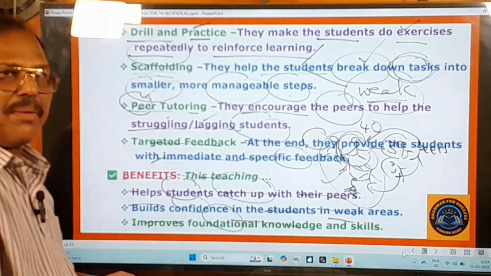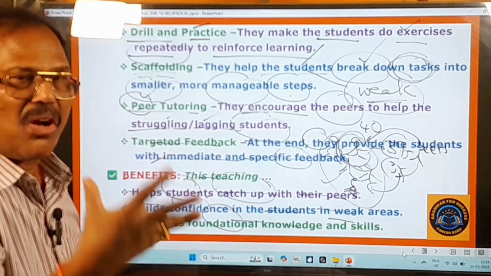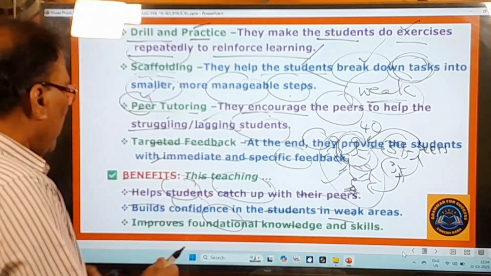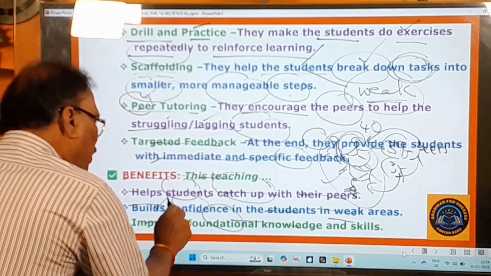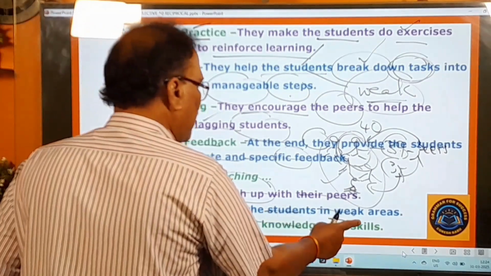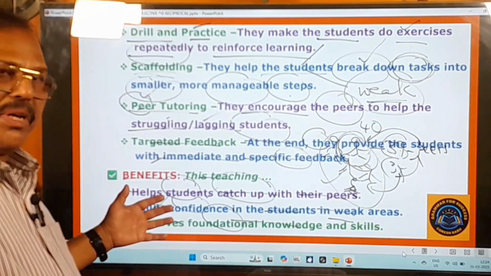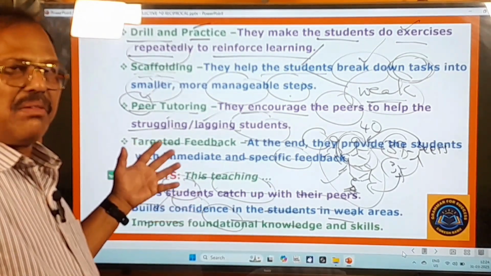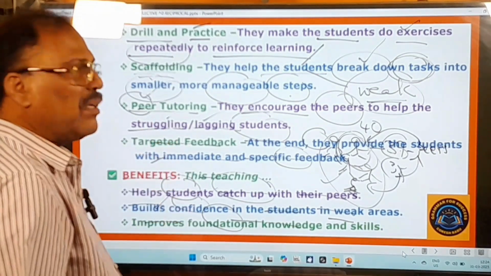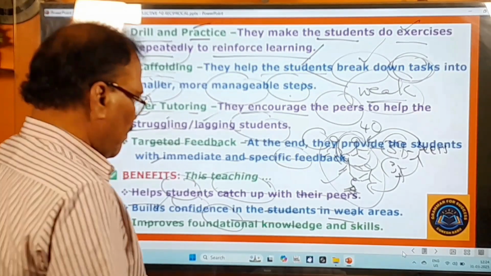They teach them the basic things of the topic, other important basic things, concepts and all such things. Therefore this teaching will improve the foundational knowledge and skills. So in this way, there are three advantages with this remedial teaching. Very interesting teaching, very important. Now you move on to learn about other things of this remedial teaching.